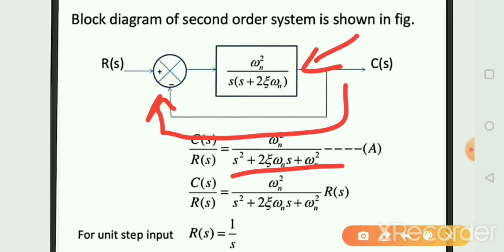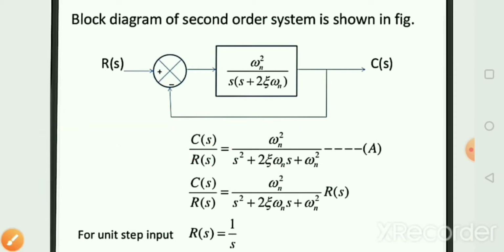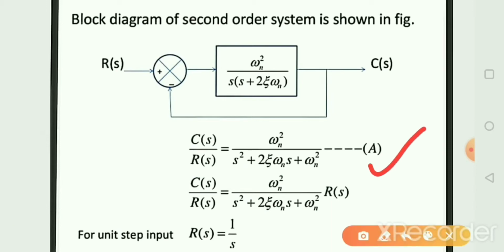Now if you apply the gain formula for negative feedback, the formula is G(s) over 1 plus G(s) into H(s). Here G(s) is omega n square over s into s plus 2 zeta omega n, and H(s) is 1. If we put these values in this equation, we can get the transfer function.